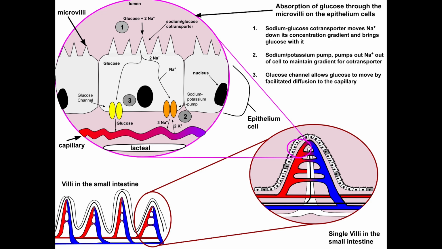But basically there are special channels which are selective for particular types of molecules, say for simple sugars or for individual amino acids, and they allow the transport, with use of energy, of individual monomers or sometimes small chains, like maybe 2 amino acids together, across the membrane. And these special gates or channels allow the molecules like glucose or the amino acids or whatever else to pass into the epithelial cells and then out of the epithelial cells again, so they've crossed 2 layers of membrane.